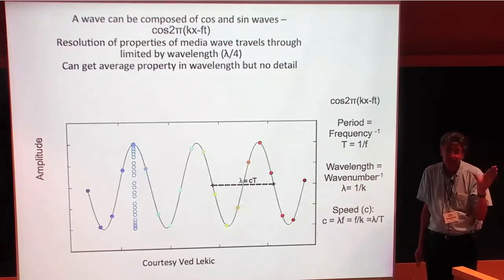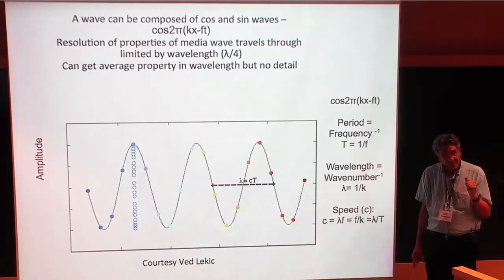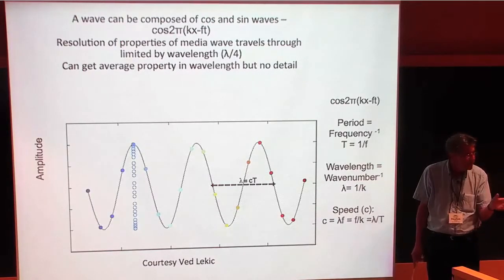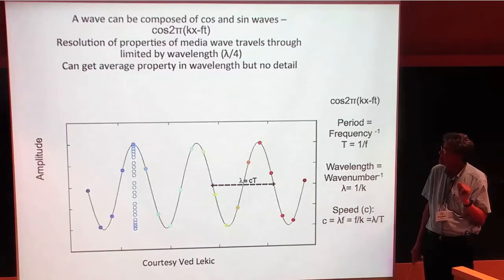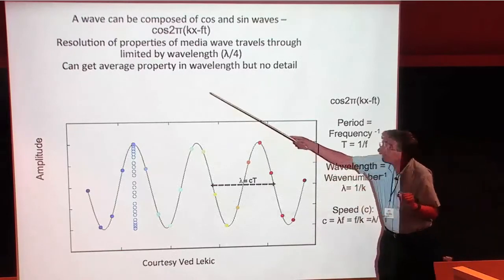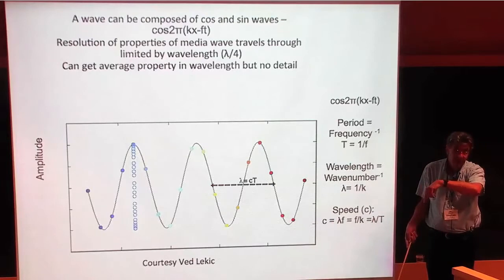That's the absolutely best resolution you can get. So whenever you read a paper from seismology, you should look at the period range they're looking at, what the wavelengths are, and you know that's kind of the limit of the resolution. You can get an average property in a wavelength, you just have no idea what the details are within that particular wavelength.